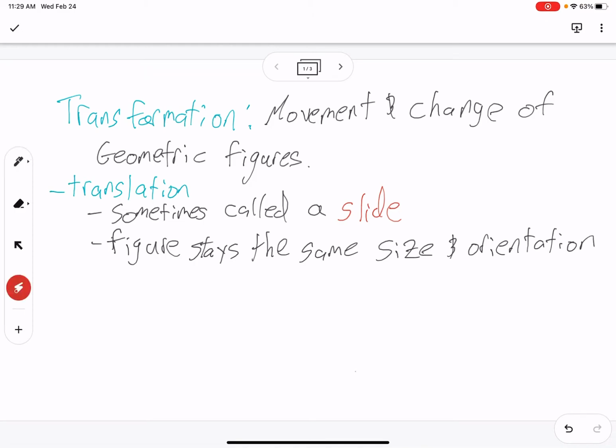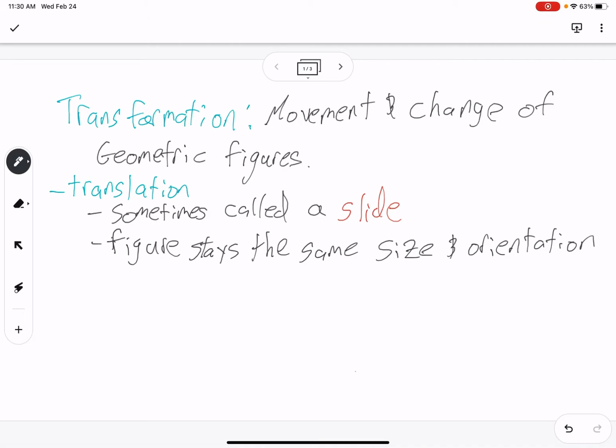Do you know what orientation means? It means to turn it. So to turn it or rotate it, to make it bigger and bigger or smaller would be size. Orientation means to rotate it or flip it, okay? So in transformation, it doesn't change, it doesn't flip, it stays the same size, and it doesn't turn.